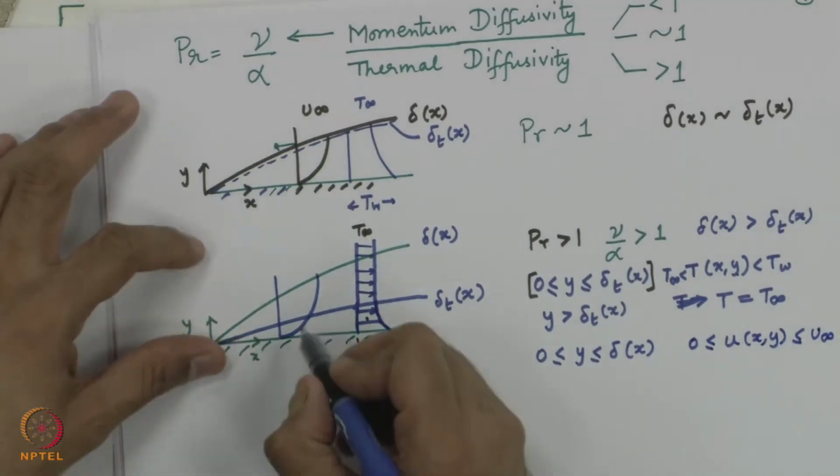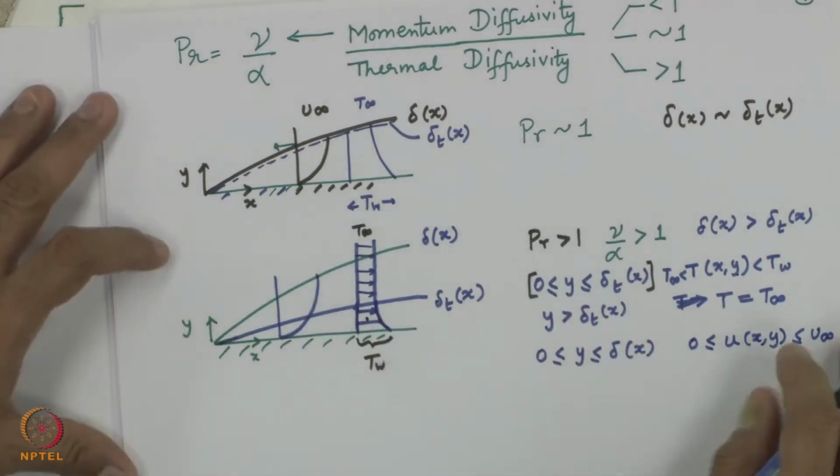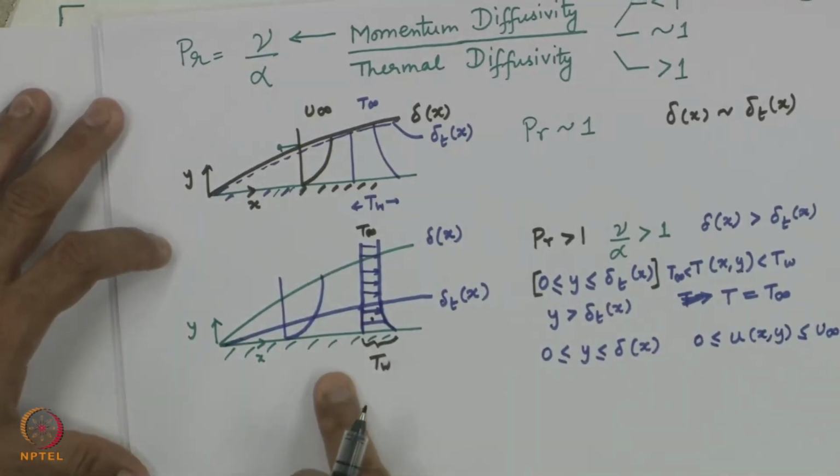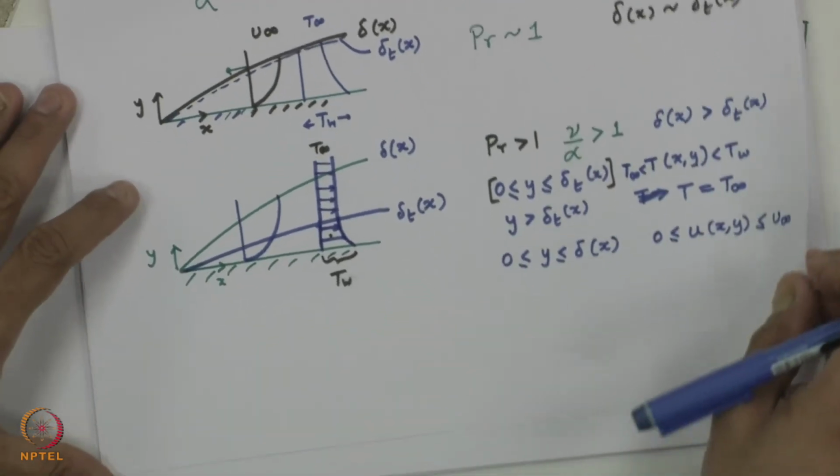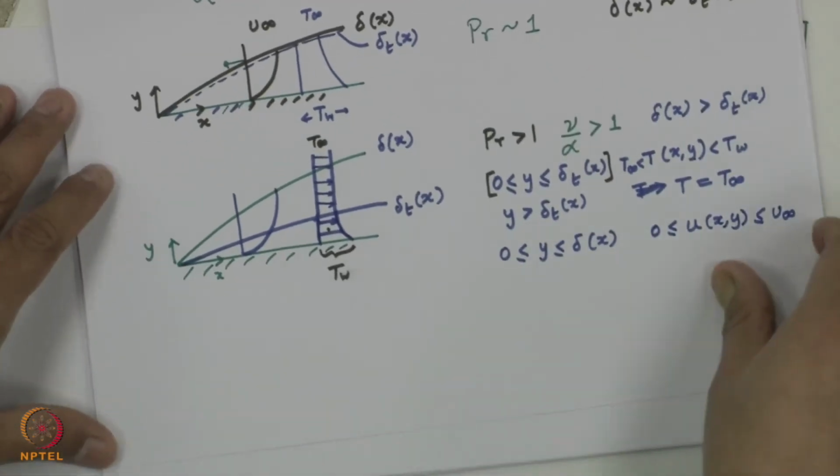Velocity change is happening over a greater distance, temperature change is happening over a smaller distance. Very, very important. Okay. Now, if I do the same concept for Prandtl number smaller than 1, I am taking a fresh sheet, not putting it there.